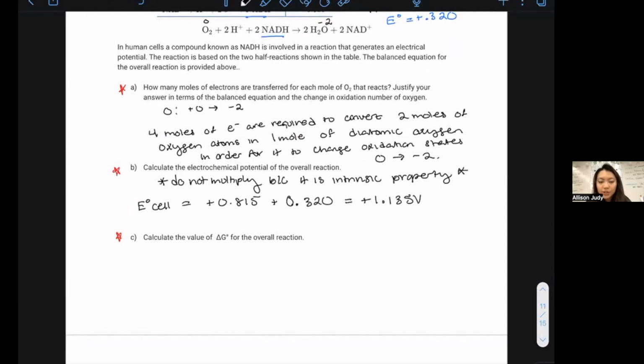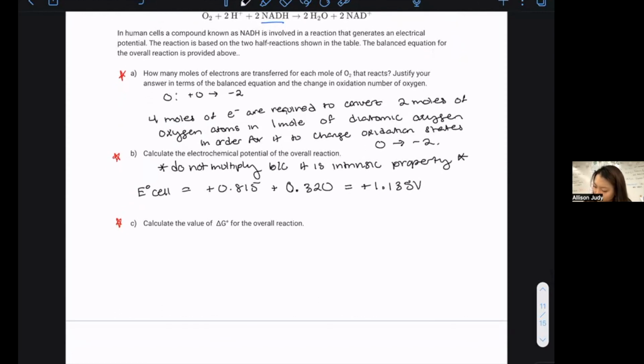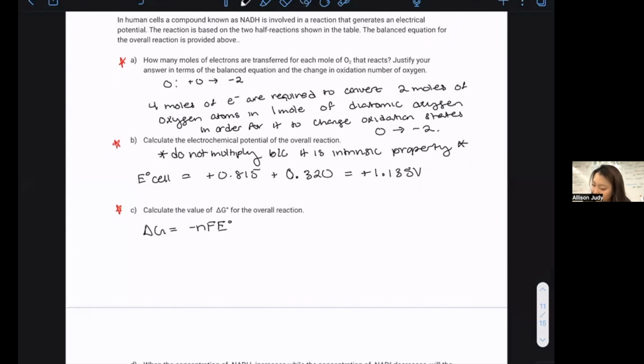So here we're going to use the ΔG equals negative nFE equation, and what we're told then is that we have 4 moles of electrons being transferred. So we would put -4 times Faraday's constant, which is given to you on your handout.